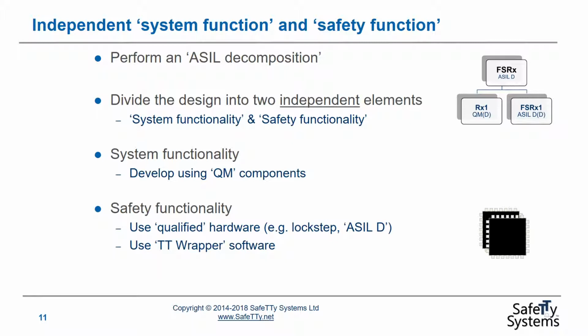For the system functionality, we can develop this using QM components, using the approaches we've looked at earlier. For the safety functionality, here we do need to use qualified hardware, and when we are achieving these requirements, we use what's known as TT wrapper software. I'll say a little bit more about that shortly.